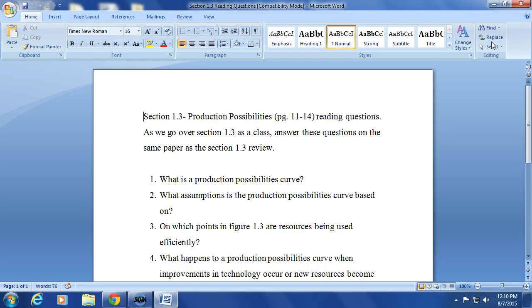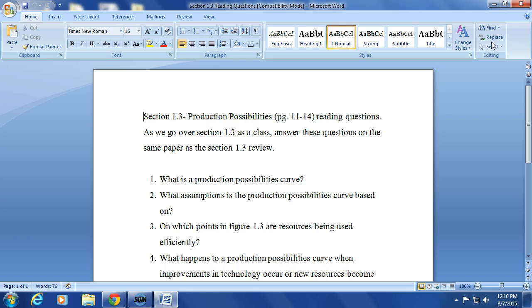And then you have points outside of the production possibilities curve. For example, point F. At point F, you're looking at about 5 million economy cars, 5 million luxury cars. With the current amount of resources that this economy has, they cannot produce at point F. F is impossible to produce at with existing resources.